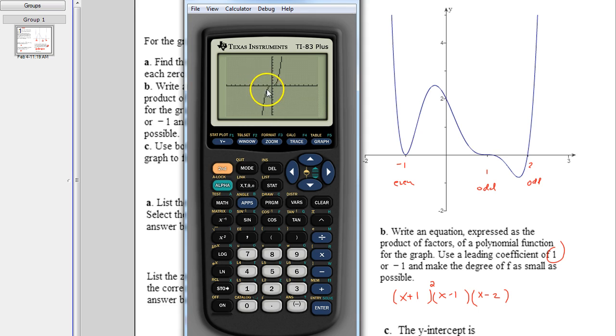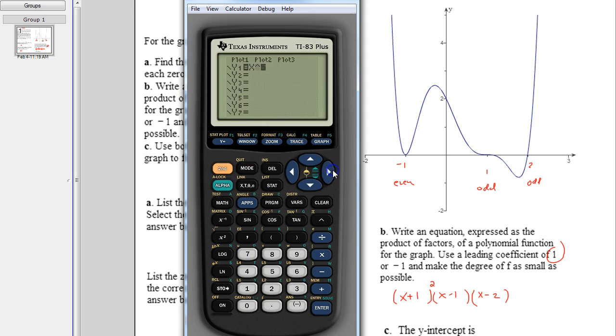It goes up, curves, slows down, and then crosses. And the bigger I make that odd power, the longer it takes to make that turn. It flattens out more and more. It's steeper coming up, but then it flattens out more and more as we make our way to the origin.